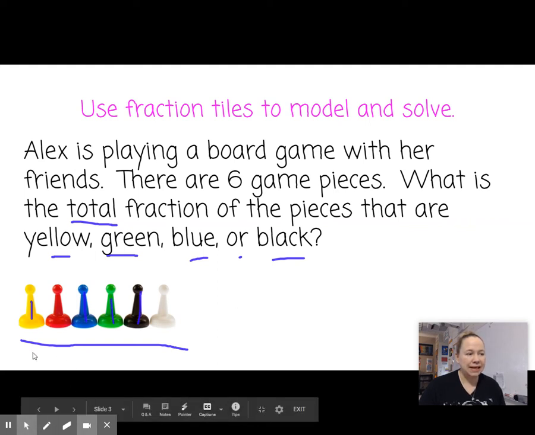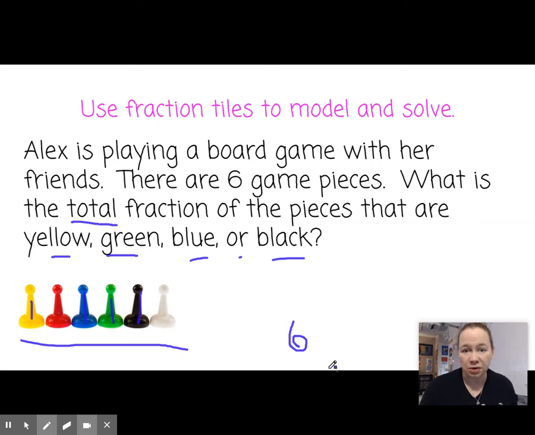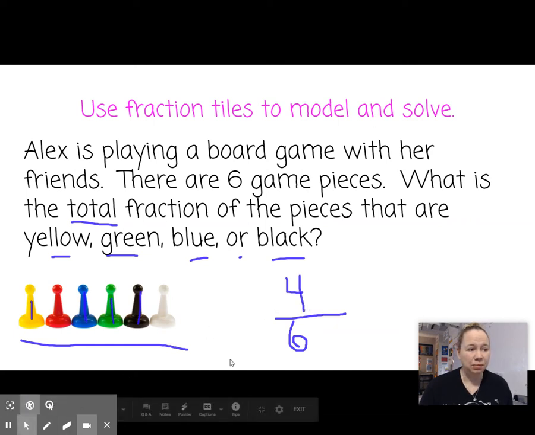What's our total number? Our total number is 6. And in fractions, the total number is the denominator, right? How many pieces are yellow, green, black, or blue? 4 pieces are yellow, green, black, or blue.